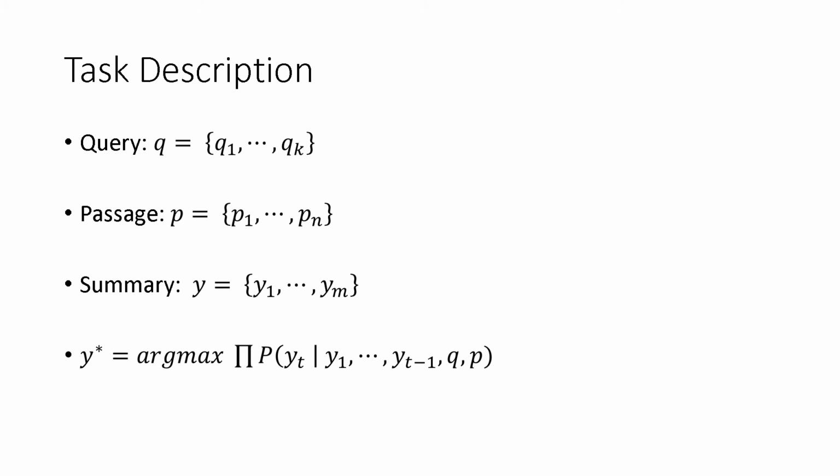So the problem is an optimization problem in which we try to optimize the probability of the summary sequence given the previous tokens, the query, and the passage. One way to solve this optimization problem is to use the sequence-to-sequence model. So this is what we are doing, and let's see how we represent all this data in the sequence-to-sequence model.